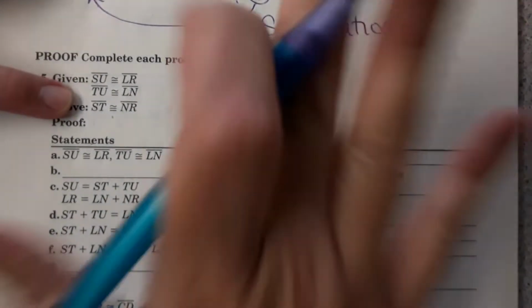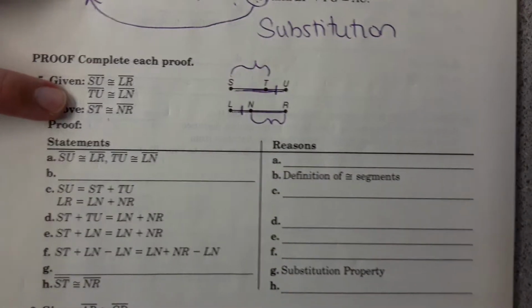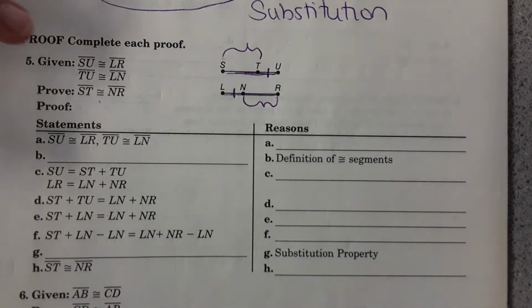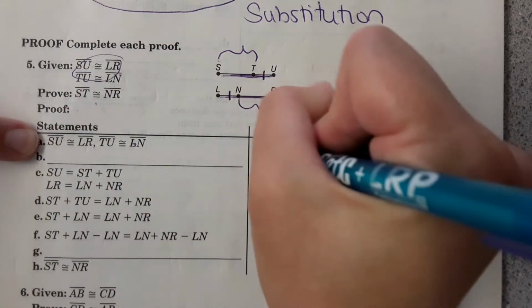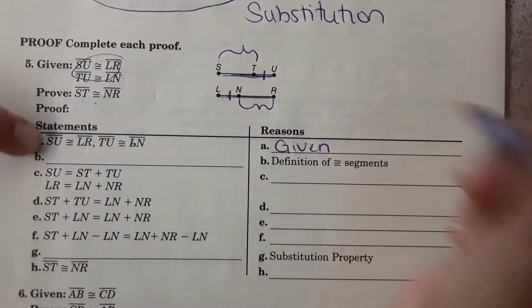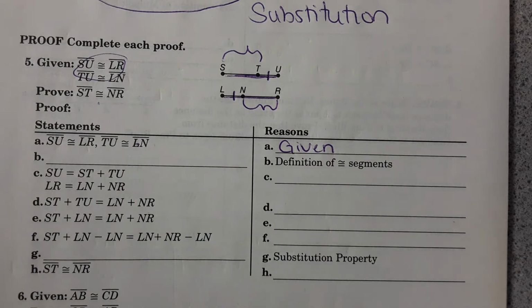First things first, you take your given and you write it down here, which they did, and then title it given. So if you have no idea what to do, at least get the given part right.